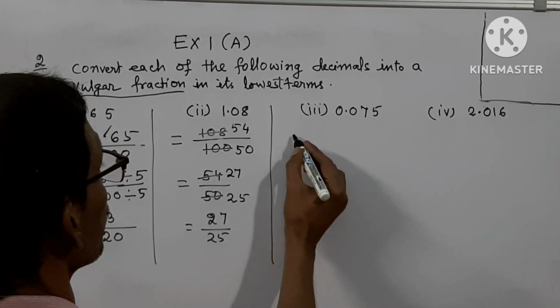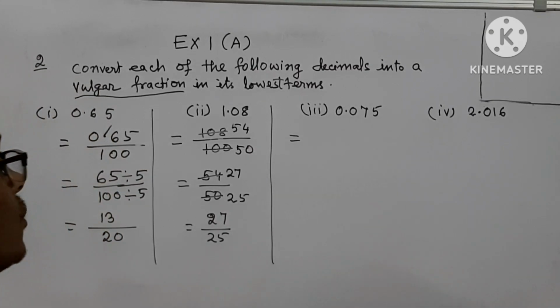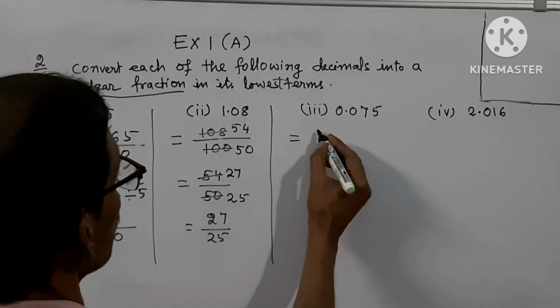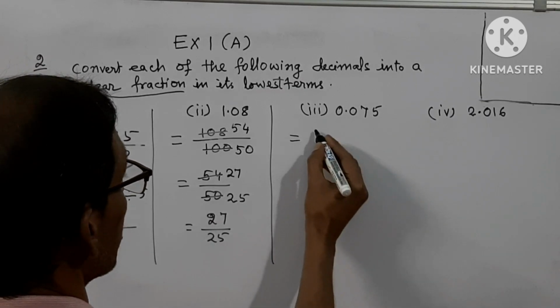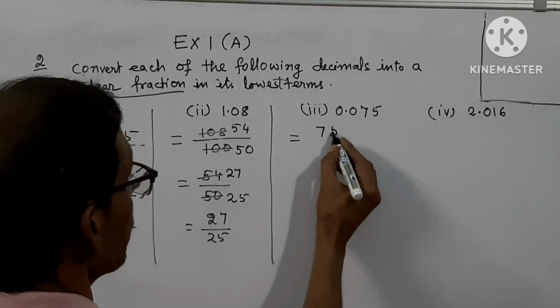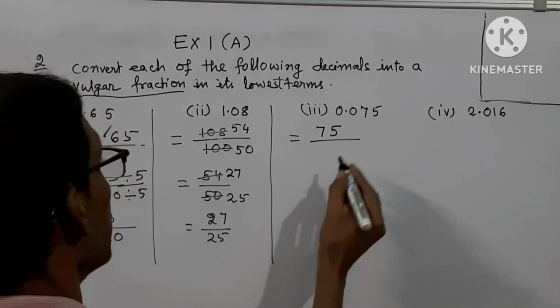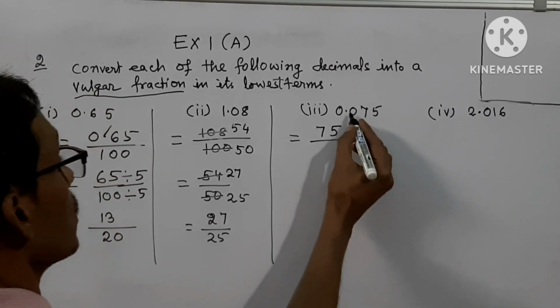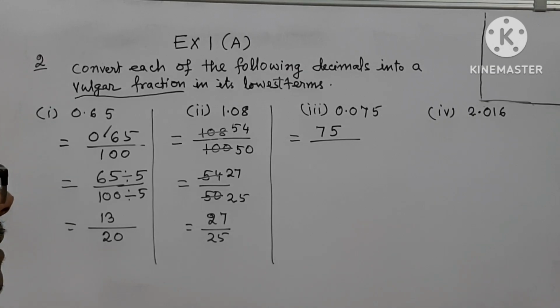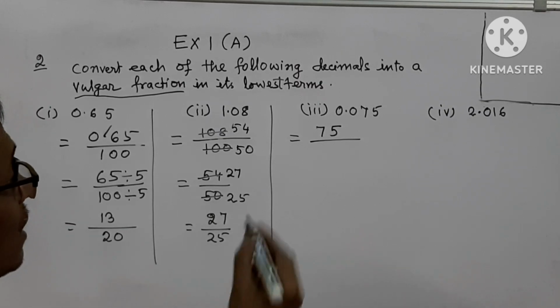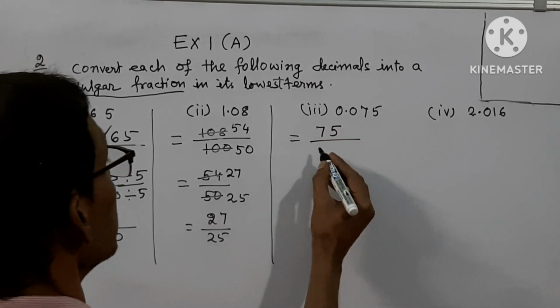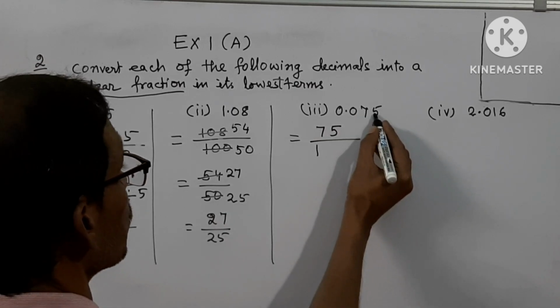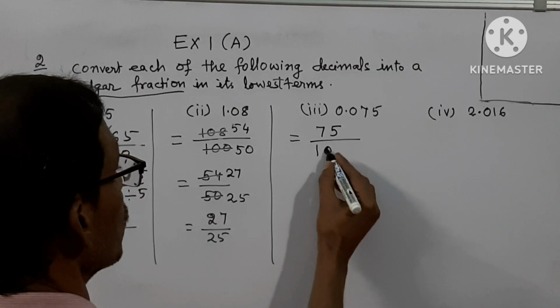Let's do 0.075. So if you put 0.075, that means 75 divided by 1, 2, 3. From the right side, if you count, after 3 digits the decimal point occurs, then that means after 1 you have to put 3 zeros.